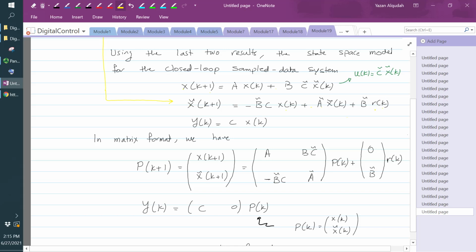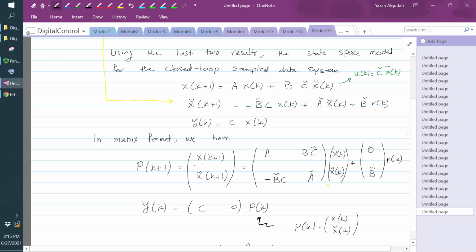I'm going to take x of k and x tilde together. x of k plus 1 is equal to A multiplied by x plus B multiplied by C tilde multiplied by x tilde, plus 0 multiplied by r of k. x tilde of k plus 1 is equal to negative B tilde C multiplied by x of k plus A tilde multiplied by x tilde plus B tilde multiplied by r of k.